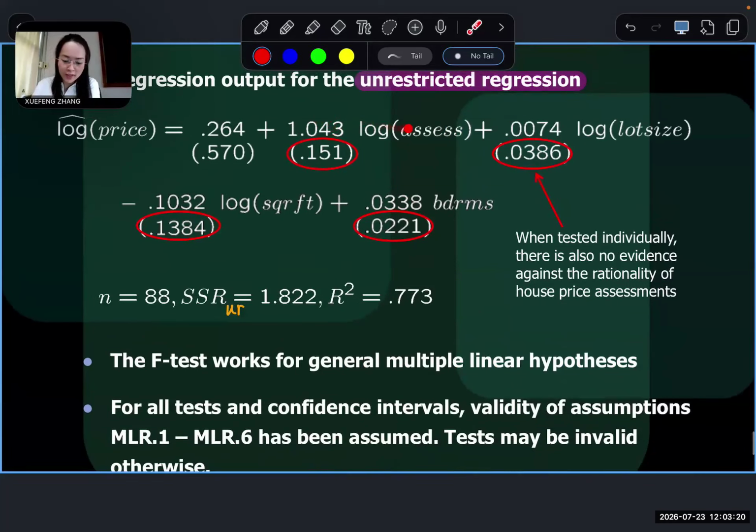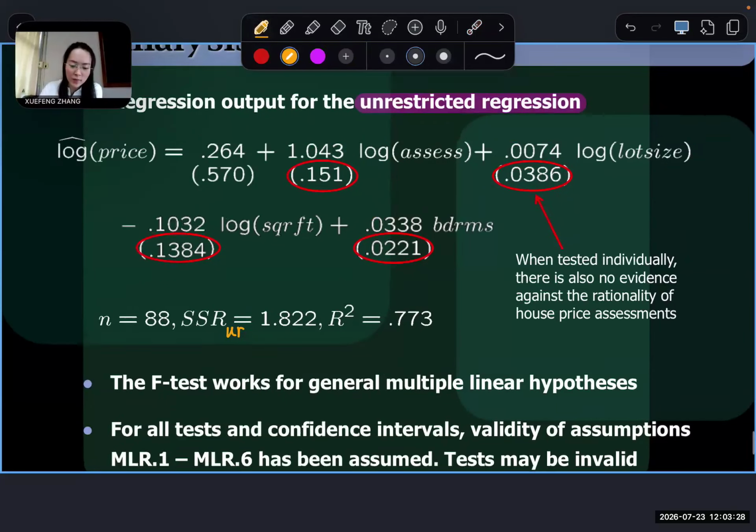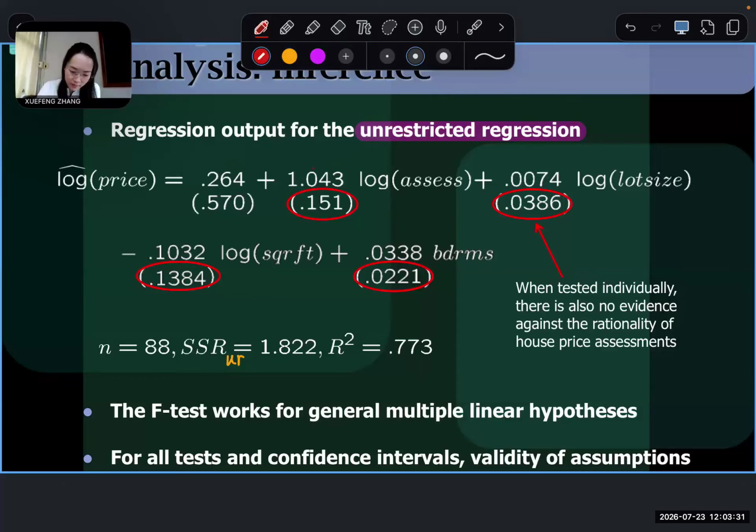Let's see, the coefficient on log assessment is 1.043, which means close to 1, right? Remember our hypothesis. And if you look at the other 3, beta 2, beta 3, beta 4, the same story. Each individually close to 0, right?